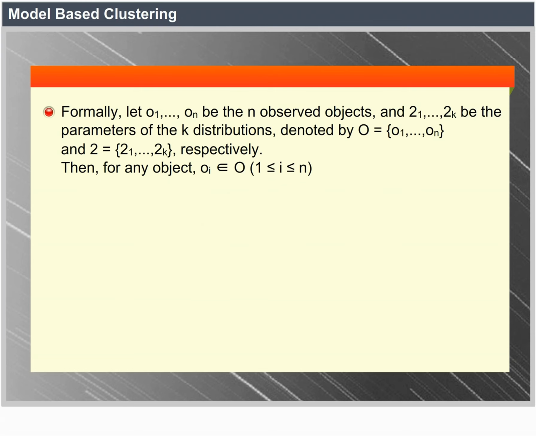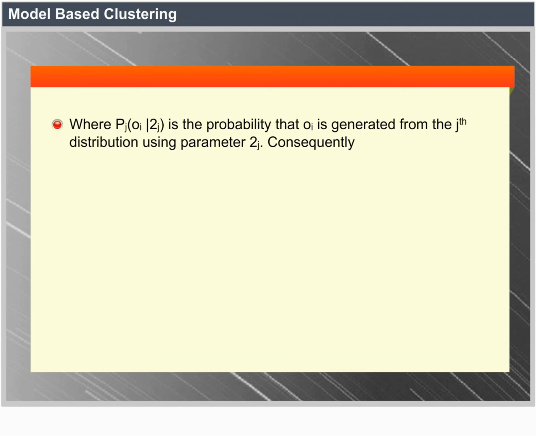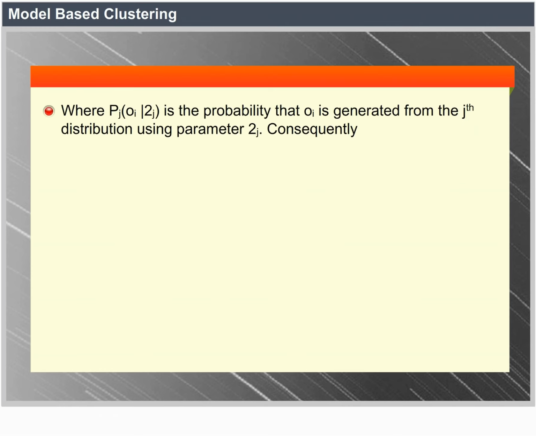Then for any object Oi belonging to big O with i lying between 1 and n, the conditional probability of Oi given Theta equals the summation of j equals 1 to k of omega j times the conditional probability of Oi given theta j, where Pj(Oi given theta j) is the probability that Oi is generated from the jth distribution using parameter theta j. Consequently, the conditional probability of big O given Theta equals the product from i equals 1 to n of the summation from j equals 1 to k of omega j times the conditional probability of Oi given theta j.